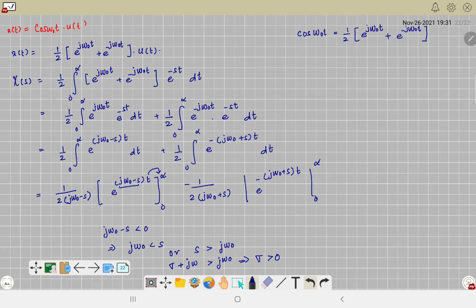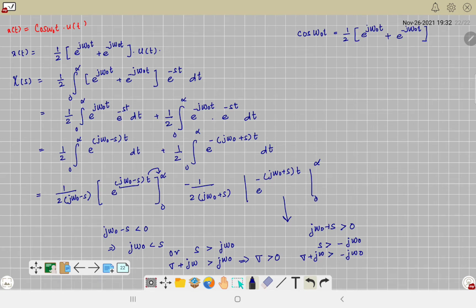Right? Similarly, if you consider this thing, here we have to ensure j omega naught plus s should be greater than 0. It should be positive, which means s should be greater than minus j omega naught. Again, if we compare, s is equal to sigma plus j omega.